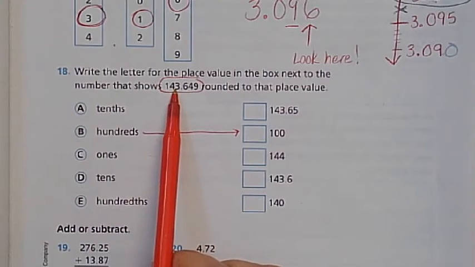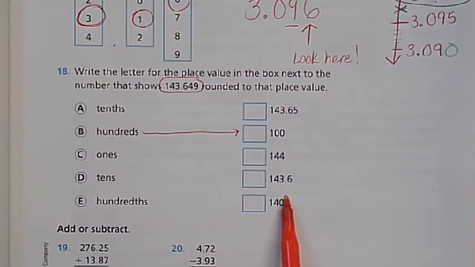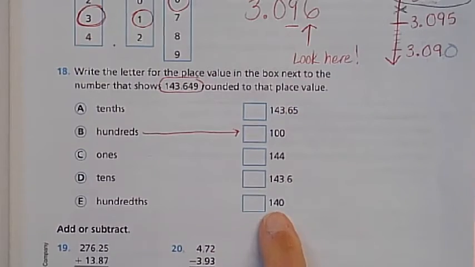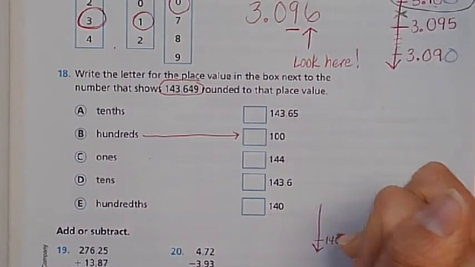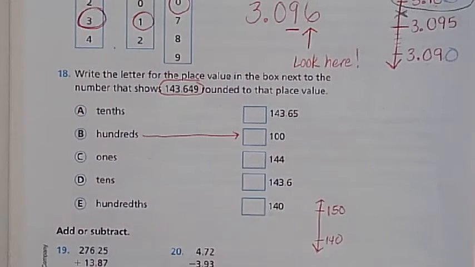So 143 is less than 150, which is why it rounded down to 100. I can see that this one right here is 140. This would lead me to believe that we're looking at rounding to the nearest 10. So that would have been 140, or the next 10 would have been 150.